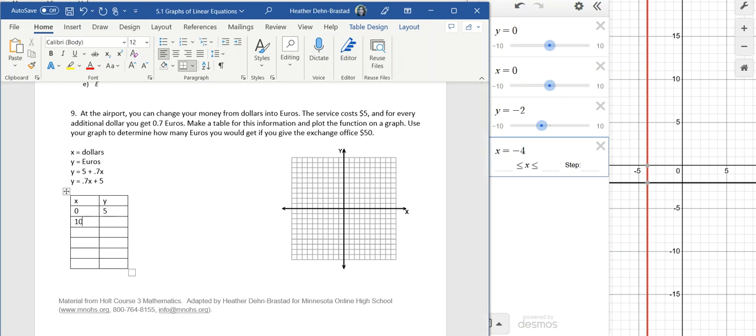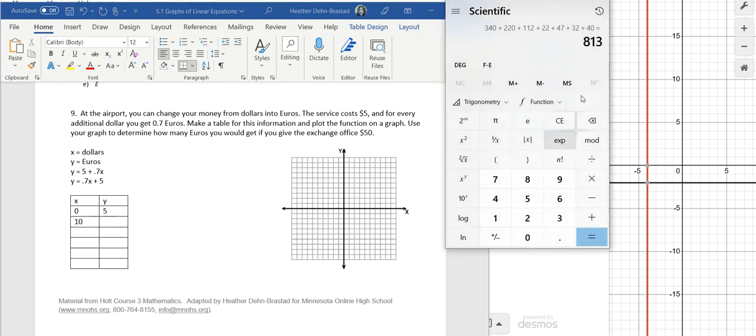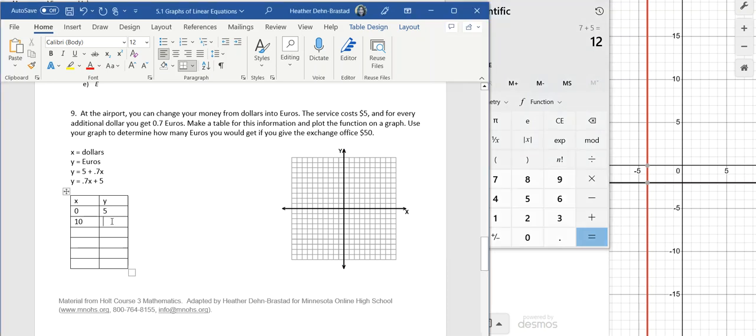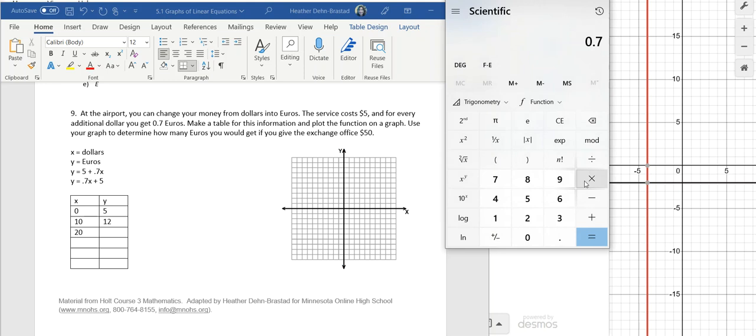If we did it for, say, $10, then we would have 0.7 times 10 is 7, plus we had to pay $5 just for doing this, so we would get $12. And then maybe we would do this at $20. Let's see what we would pay at $20. That would be 0.7 times 20, and then I'll add 5 to that. That's 19.